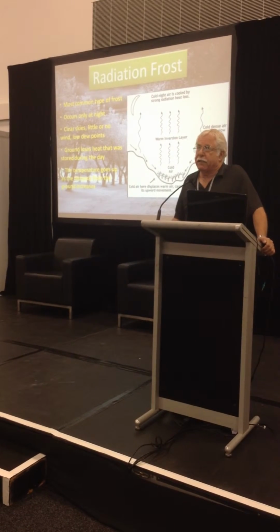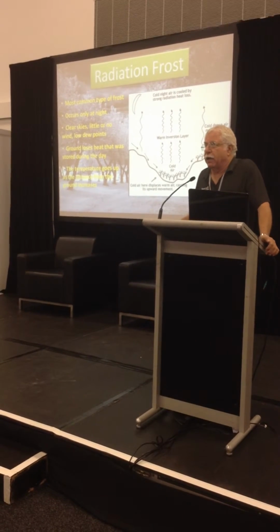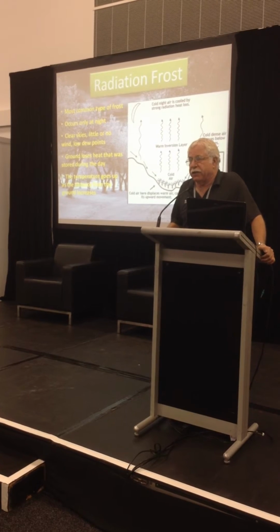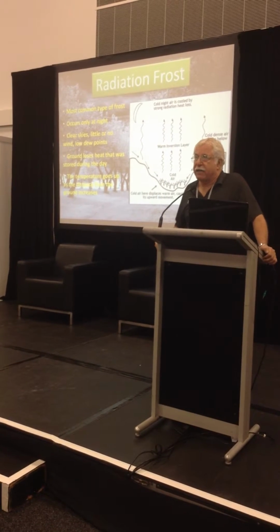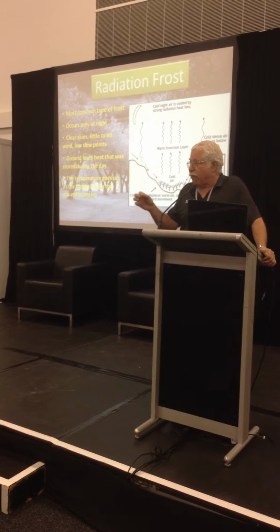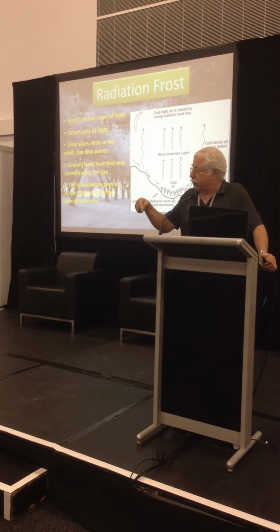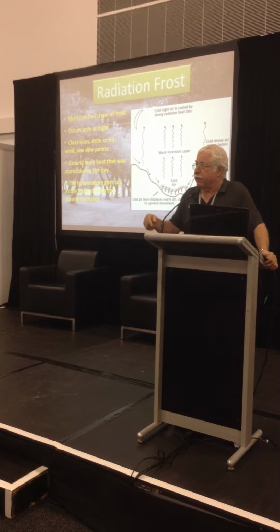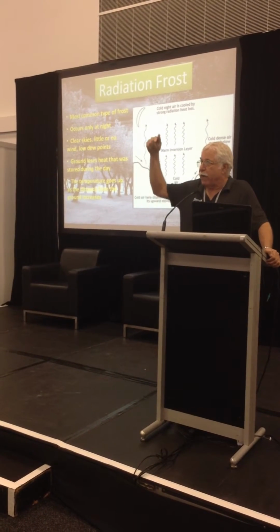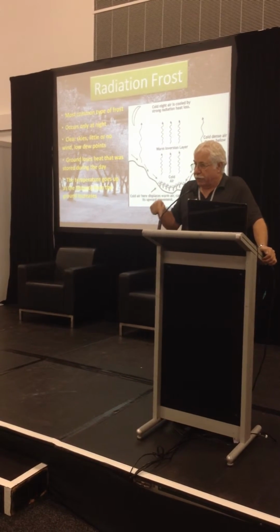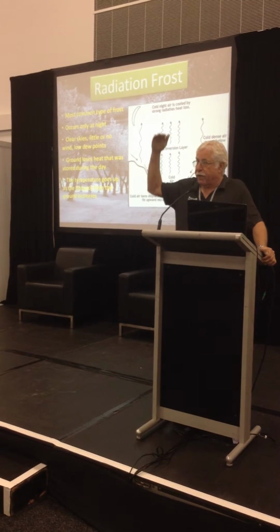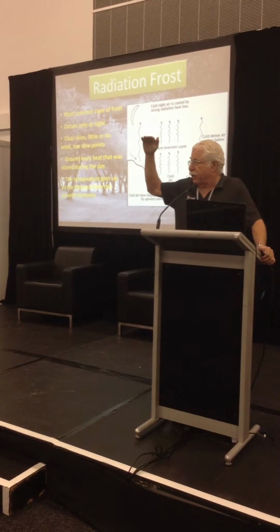A good analogy is if you took a steel rod and stuck it in a bucket of ice, the molecule in the steel rod right next to the ice will lose its heat into the ice. Then the one above that will lose its heat into that molecule and then conduct it into the ice, and so on, all the way up. If you keep that steel rod in the ice bucket long enough, eventually the top of the steel rod is going to chill.